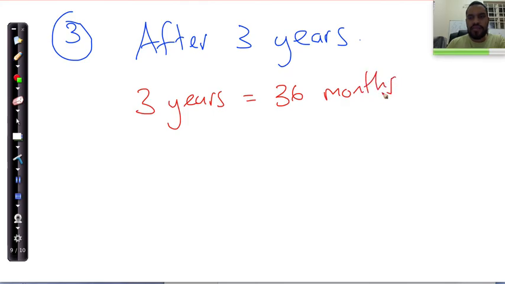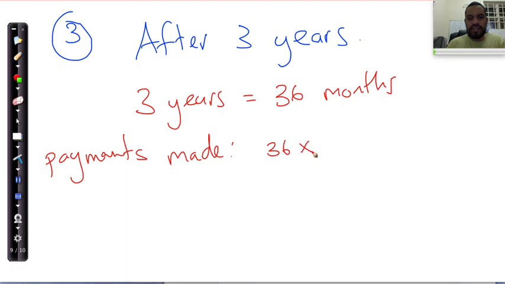And so that means the payments already made are going to be the following. It's going to be a total of 36 payments of 533 rands 33 cents, which gives me a total of having paid 19,200.